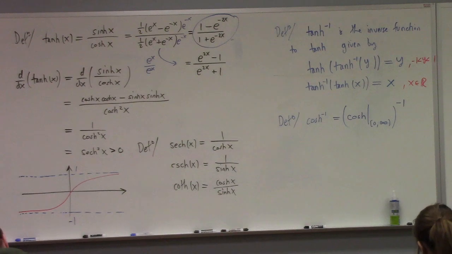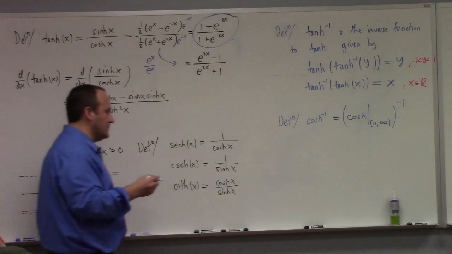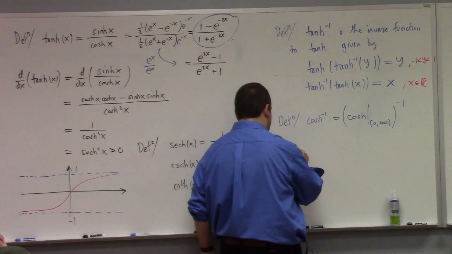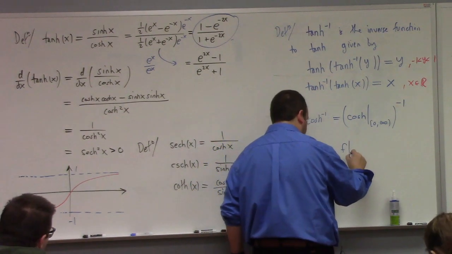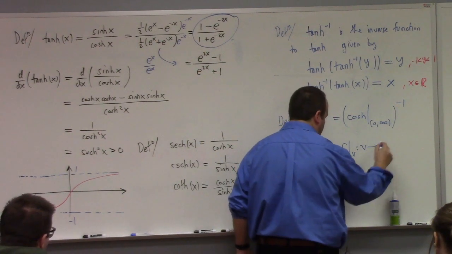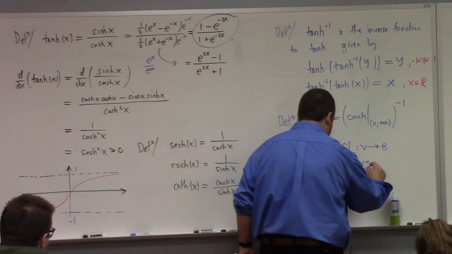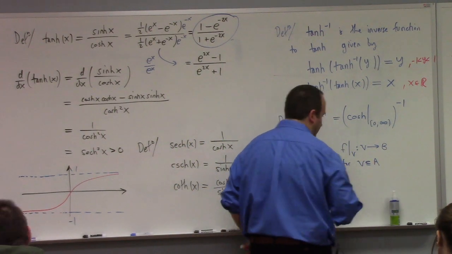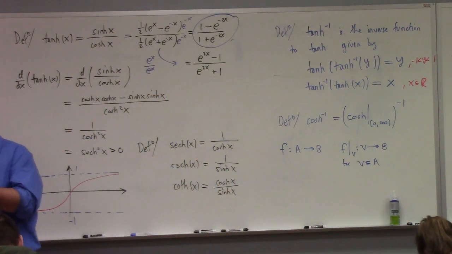Now, I'm using some notation that you probably haven't seen before, and it's probably not going to be a big deal for us in here if you don't know it. But let me just explain what I mean. If we have a function f that goes, say, from A to B, then I can talk about f restricted to, say, V, which is going to be a function from V to B, for any V which is a subset of A. So a restriction of a function, the same formula works.